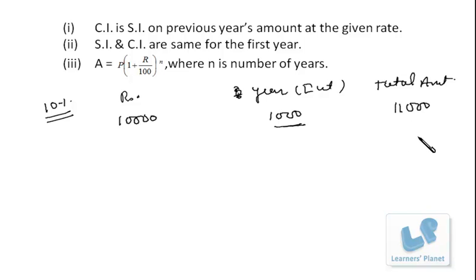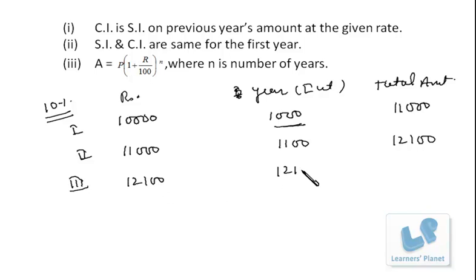Okay, so suppose I do not return the money, that means for the next year, my principal is 11,000. Then for the 10% rate of interest, interest will be 1100, and 11,000 plus 1100 is 12,100, that is the total amount for the second year. For the third year, the principal will be this, that's 12,100. Now 10% of 12,100 is 1,210.